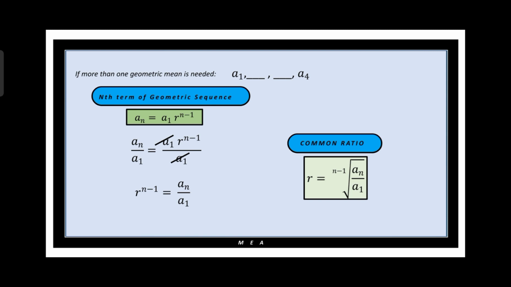So, yan na ngayon ang magiging formula natin in finding the common ratio kapag more than one geometric mean is being asked in a problem. Okay? So, sana nakakasunod tayo. So, ang formula natin sa common ratio is r equals the n minus 1 root of a sub n over a sub 1.